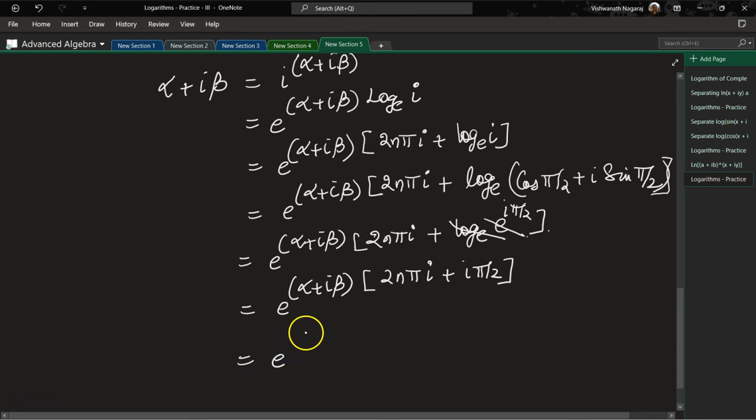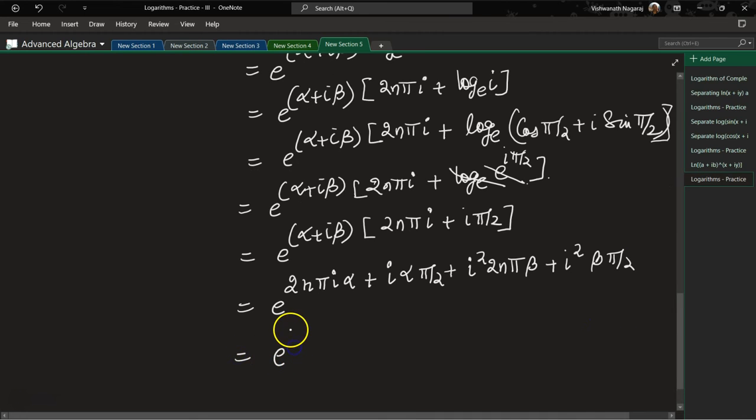So e to the power of 2n pi i alpha plus i alpha pi by 2 plus, now this one we get i square 2n pi beta plus i square beta pi by 2.